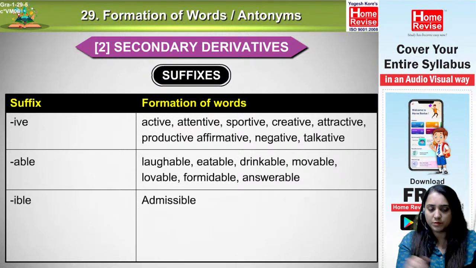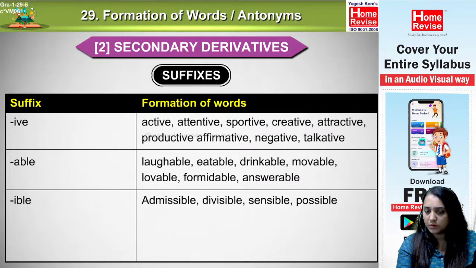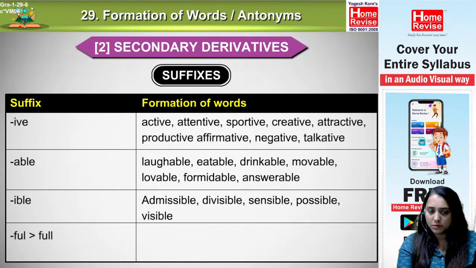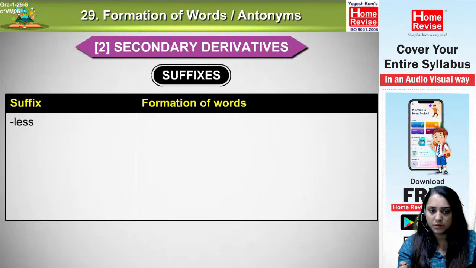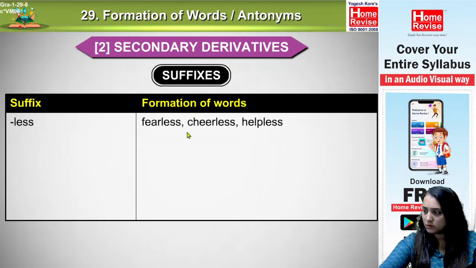IBLE: admissible, divisible, sensible, possible, visible. The suffix FUL is used in place of full: beautiful, hopeful, joyful, fearful, fruitful, awful, helpful. LESS: fearless, cheerless, helpless, hopeless, faithless.